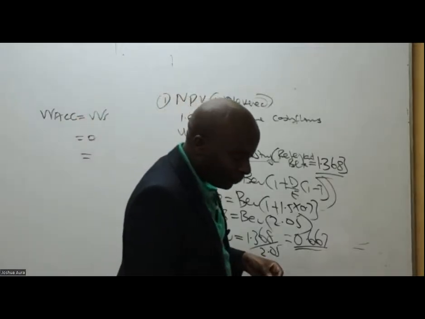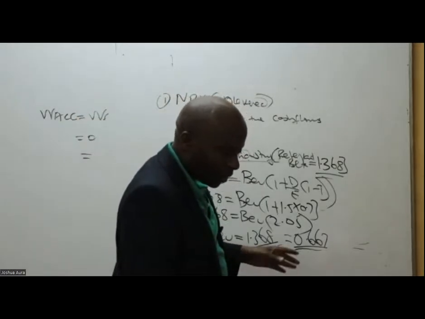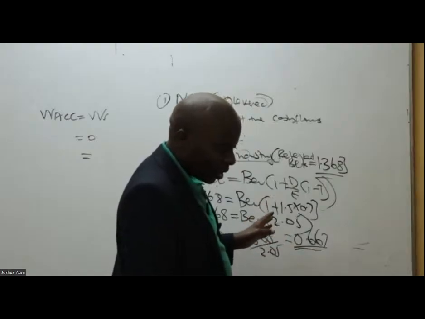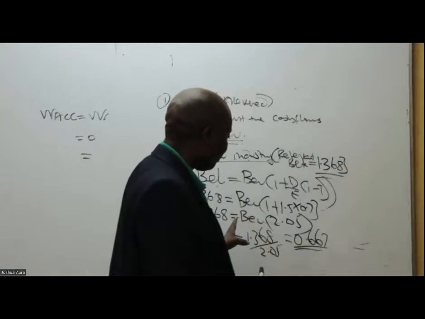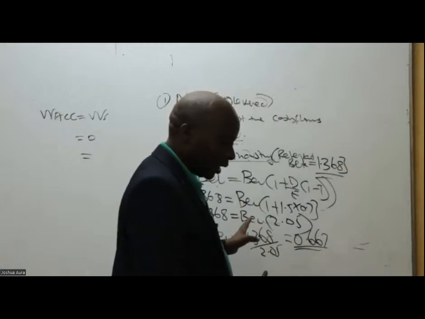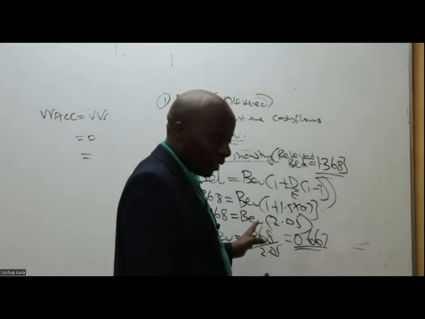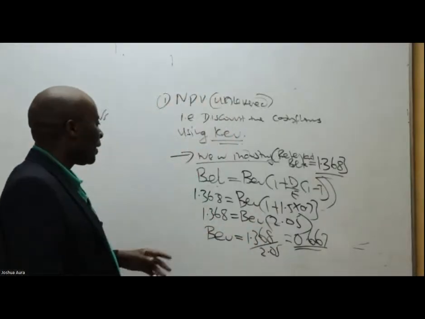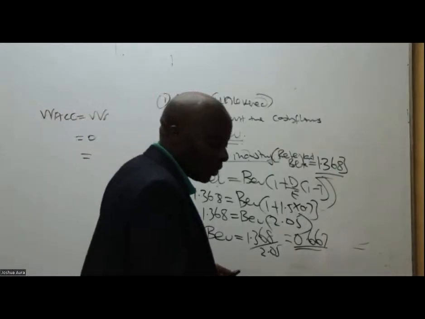So now, if they want me to give this NPV unlevered, this 0.667, I'm being told it is correct. Beta equity of the unlevered firm, I'm being told the figure is okay. Then what do I need to do?